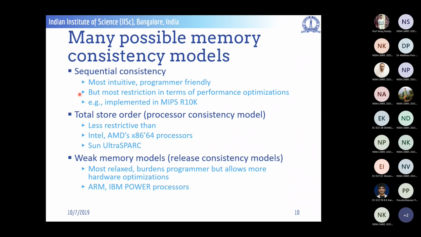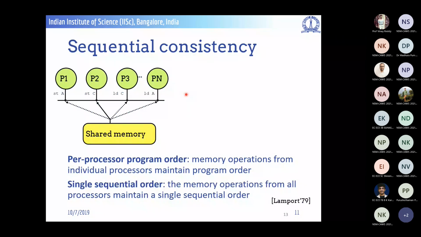With that background, we'll start with what we mean by the sequential consistency model. It's the most intuitive and programmer friendly. Let's start with the definition of that, and then we'll slowly go to more relaxed models. The idea of the sequential memory consistency model is very simple.